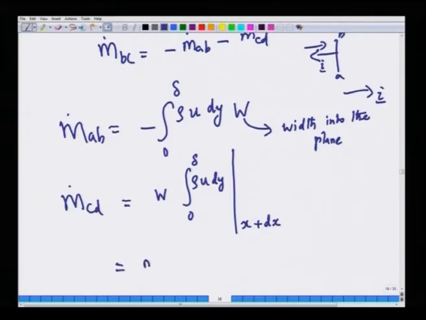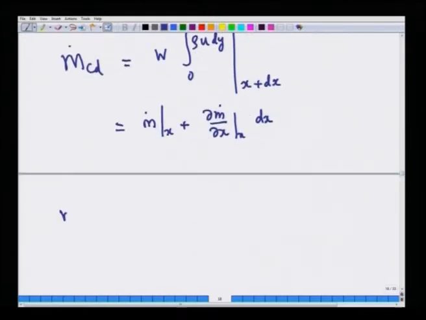So, I can write this as m dot at x plus d m dot by dx evaluated at x times dx.